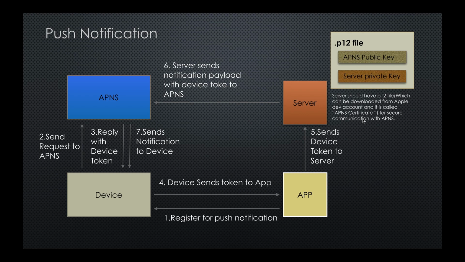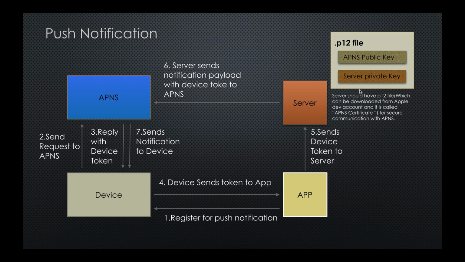Okay, so it is for secure communication with your APNS server. If your server does not have a P12 file, it will not be able to communicate with APNS server. In order to send a valid push notification, you have got to have the P12 file at your server.